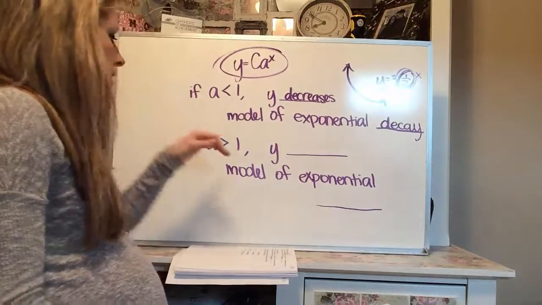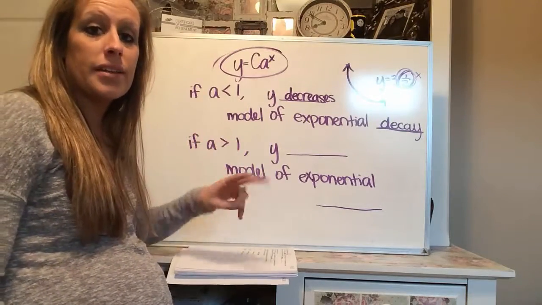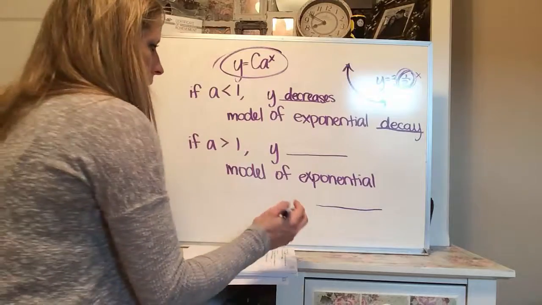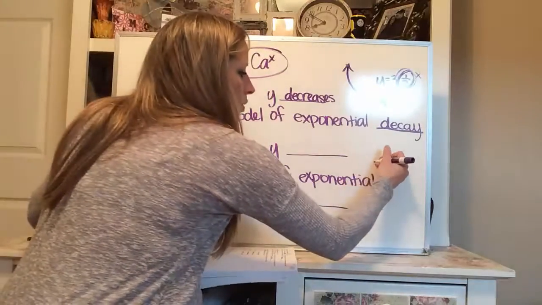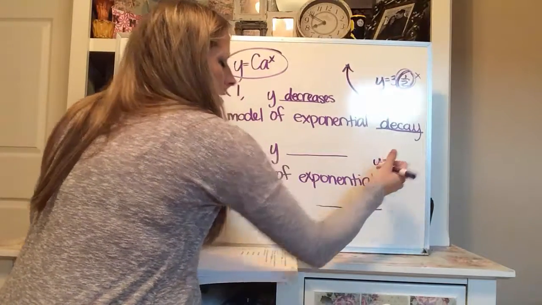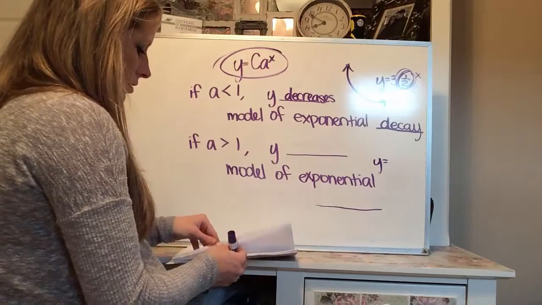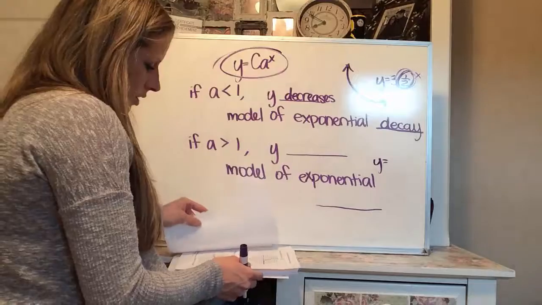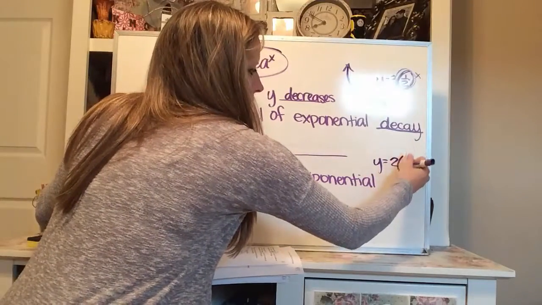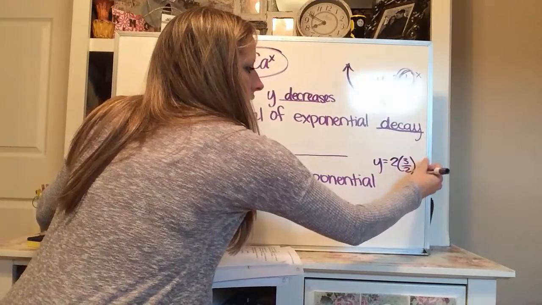Now, if a is greater than 1, like our second example, y is 2 times 3/2 to the x power.